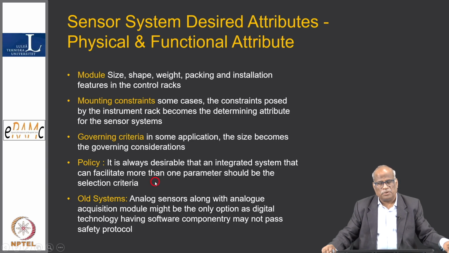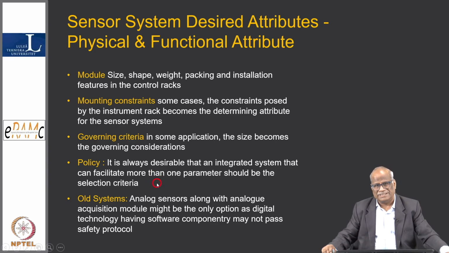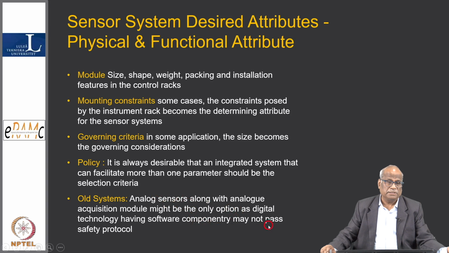I mean, as a policy decision, when I am doing a procurement, I will buy sensors with extra channels, even if it means a little bit extra cost. Or maintenance features. My maintenance team should be upgraded to take care of PHM. So policy decision is a very important thing. And for old systems, yes, we have many constraints, but we have to do the procurement in such a manner that our purpose is met.